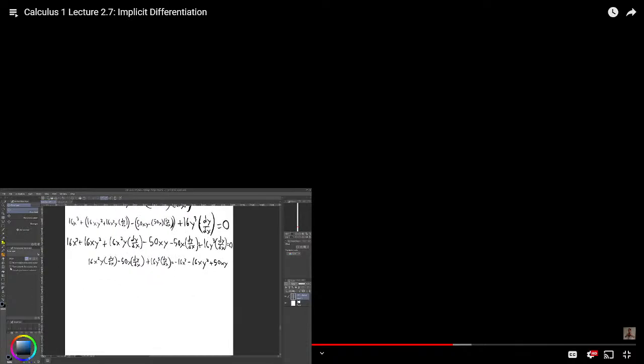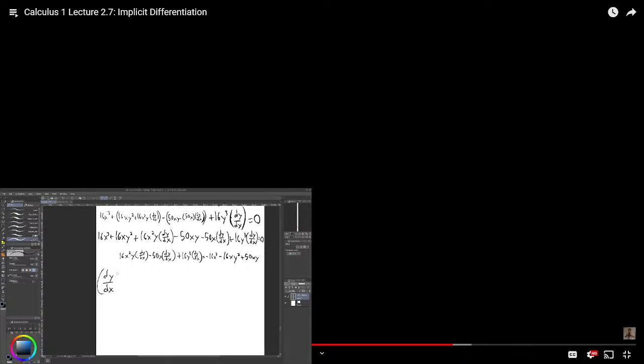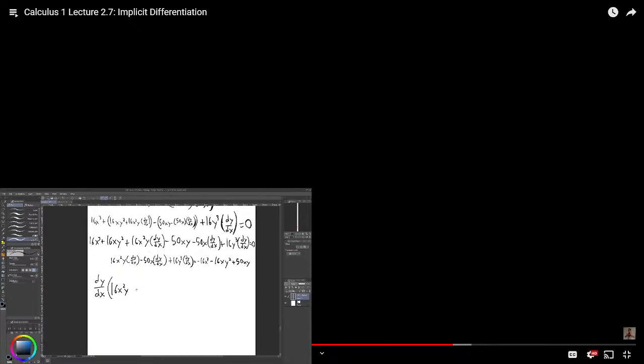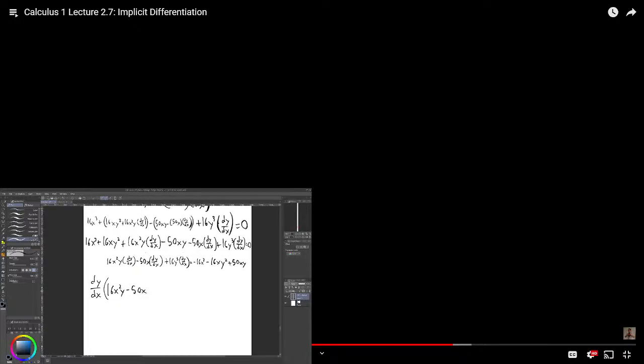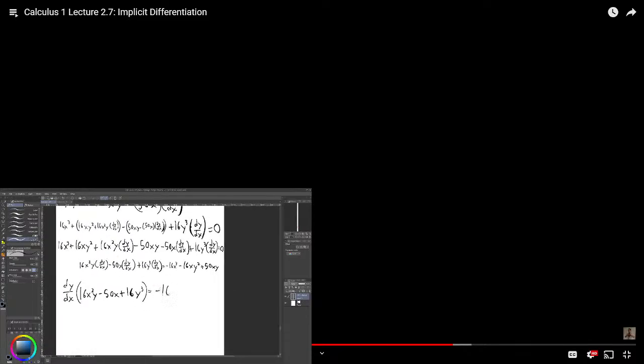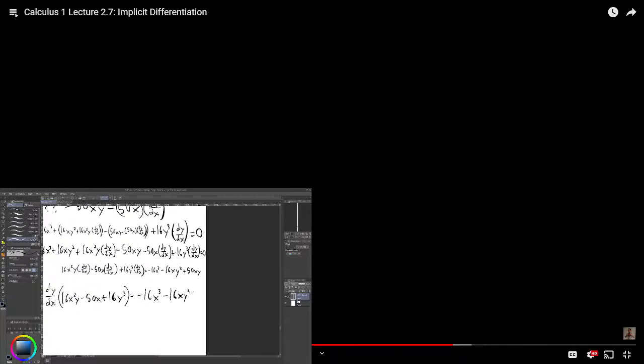Now factor this out. dy/dx times (16x squared y minus 50x plus 16y cubed) equals negative 16x cubed minus 16xy squared plus 50xy.